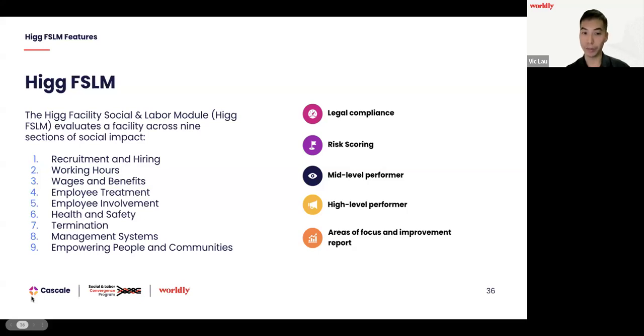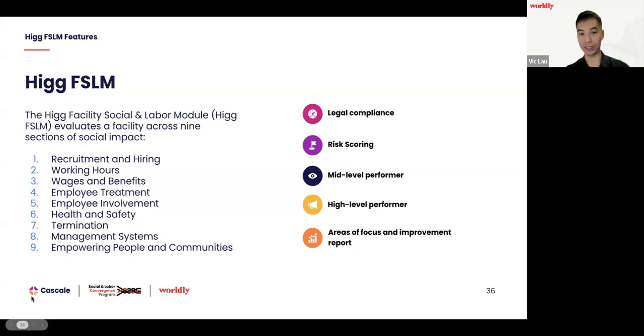For recruitment and hiring, it covers related topics on diversity, inclusion, gender balance, and also other areas like employee treatment.